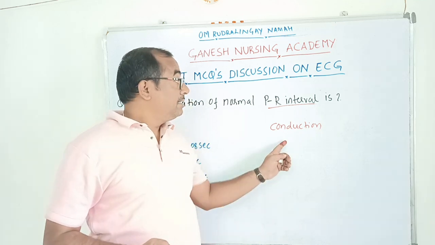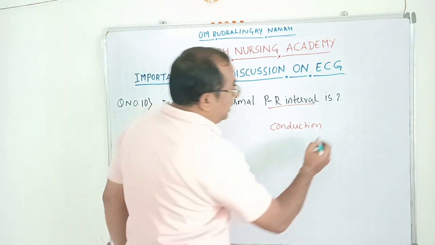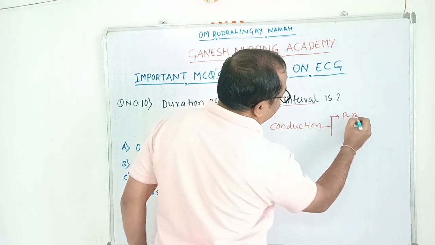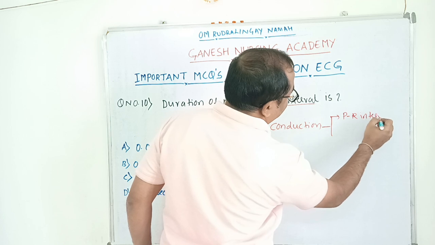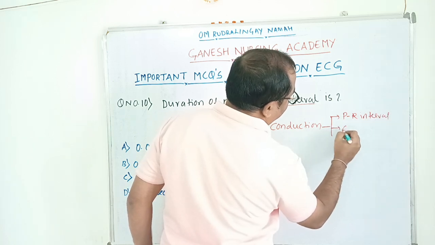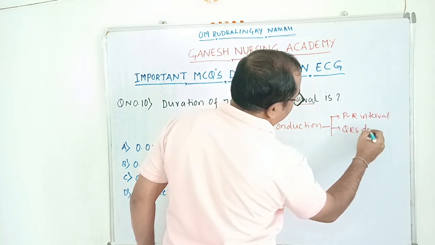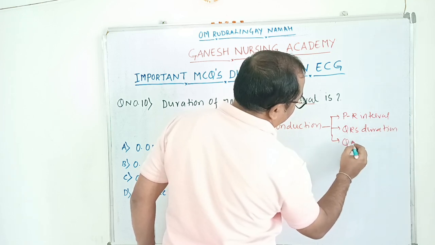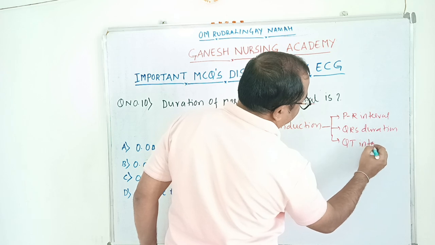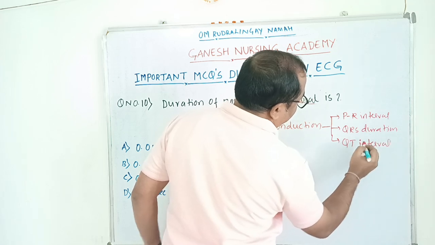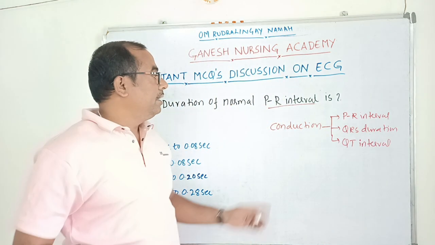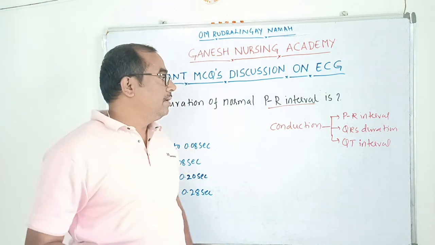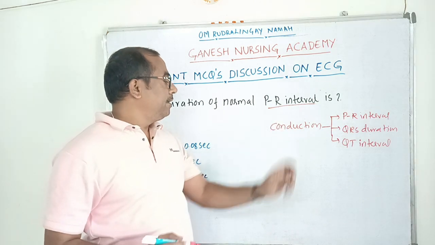So in conduction, we are going to assess three intervals, that is PR interval, QRS duration and QT interval. So these three things we are going to assess in conduction of ECG interpretation.